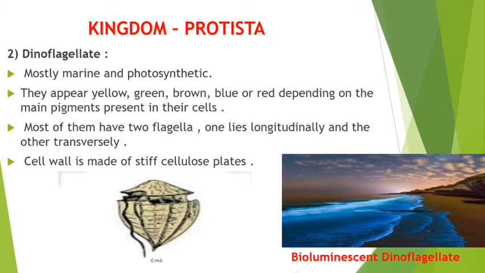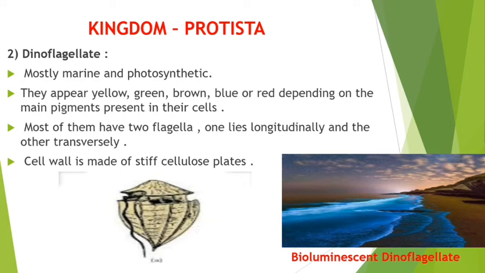My dear student, here you may see one picture. This picture shows luminescent dinoflagellates. We have said that because of the pigments present in their cell, they may appear yellow, green, brown, red or blue. Here you may see the ocean, as their habitat is marine, so they will be found in seas or oceans.